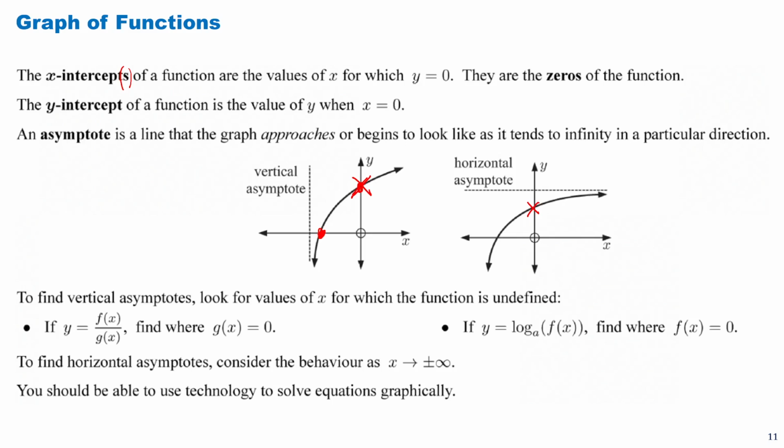For example, this line here is a vertical asymptote of this curve, and this is a horizontal asymptote of this curve. To find a vertical asymptote, we could look for values of x for which the function is undefined. And to find a horizontal asymptote, we could consider the behavior as x approaches either positive infinity or negative infinity.